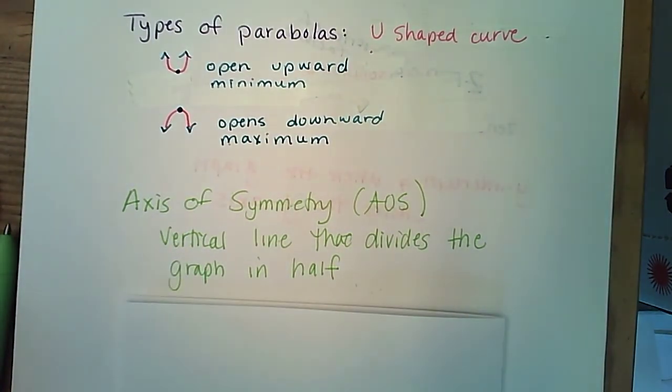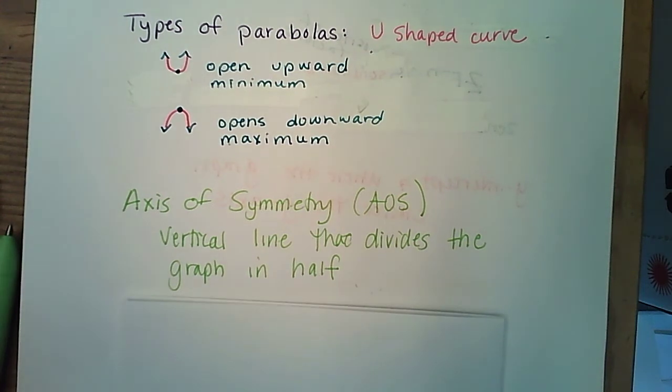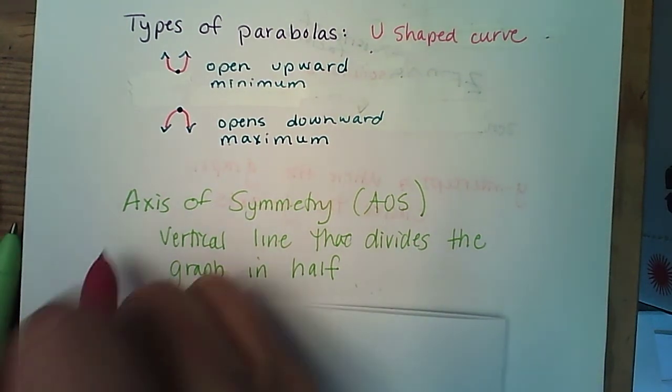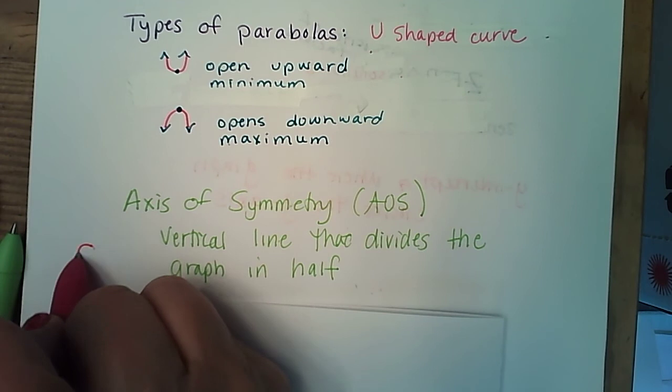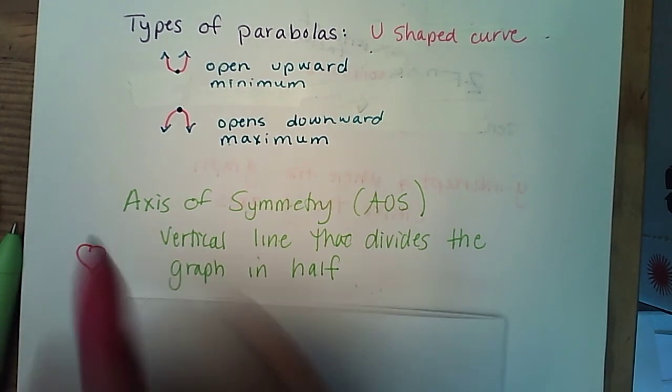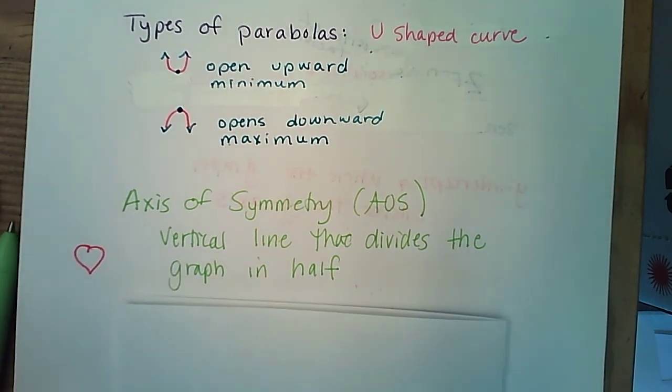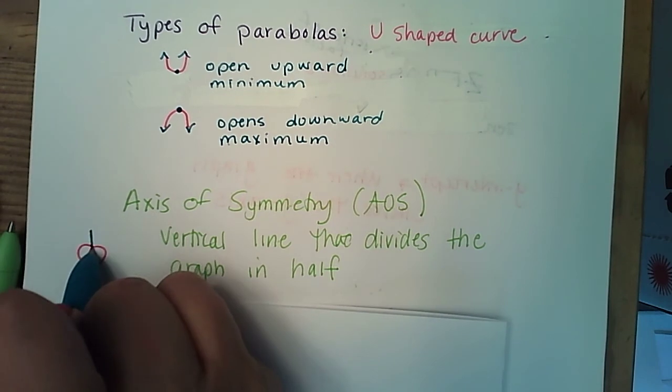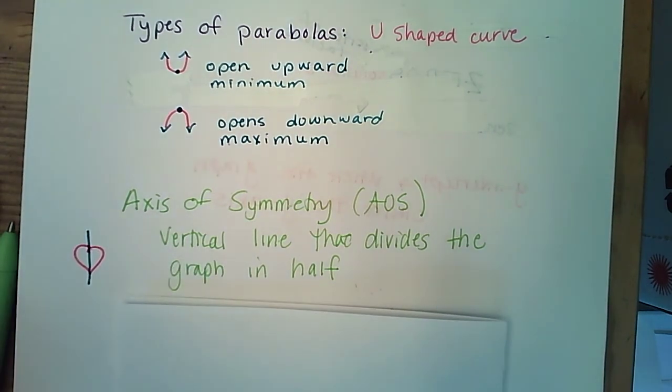If you think about symmetry in any other math level, let's just say we had a heart and it said, draw me a line of reflection. That's not a very good looking heart, but if I drew a line down the center, I could fold that heart over and it would match perfectly. So we called it a line of reflection. That's the same thing as symmetry.